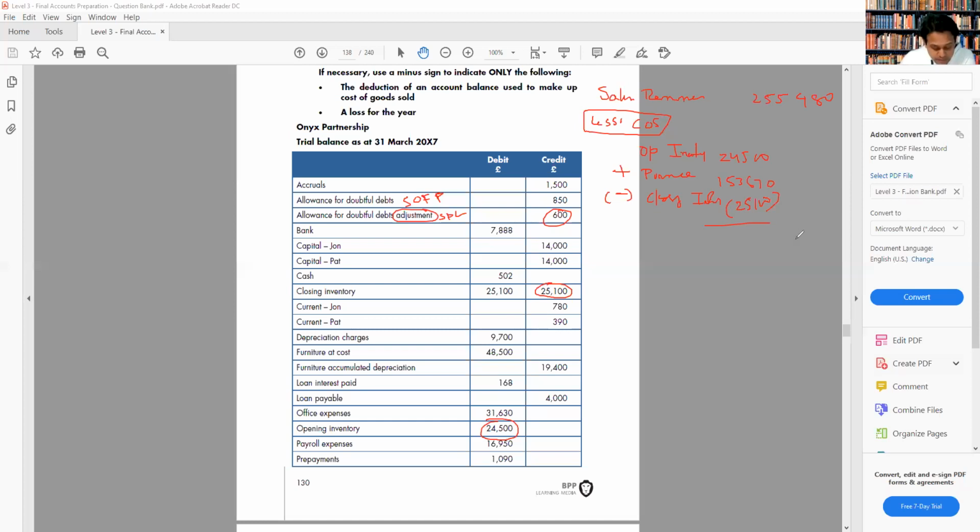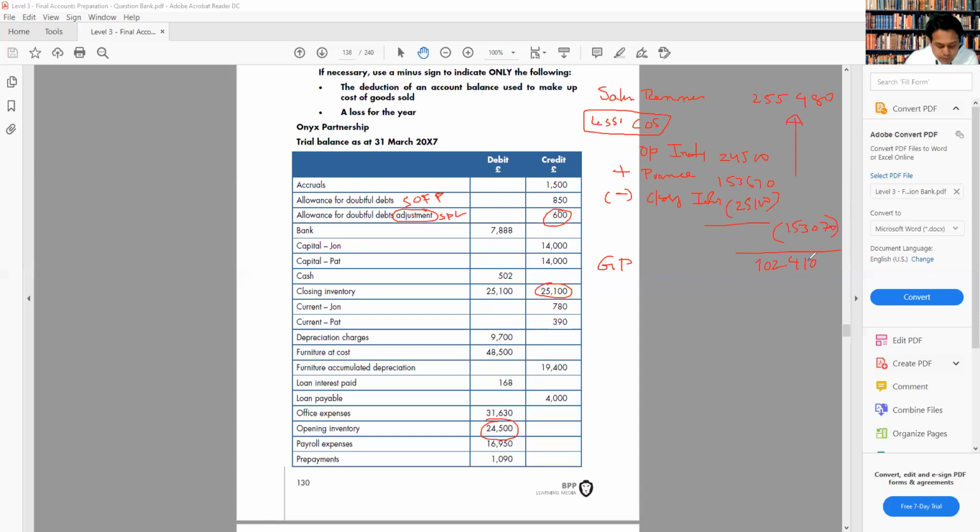So the cost of sales is 153,070. If we minus it from sales, that will give us the gross profit, GP. So how much is the gross profit we have? 102,410.